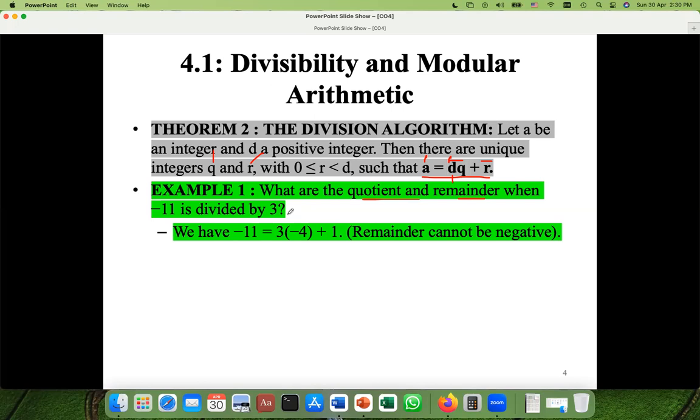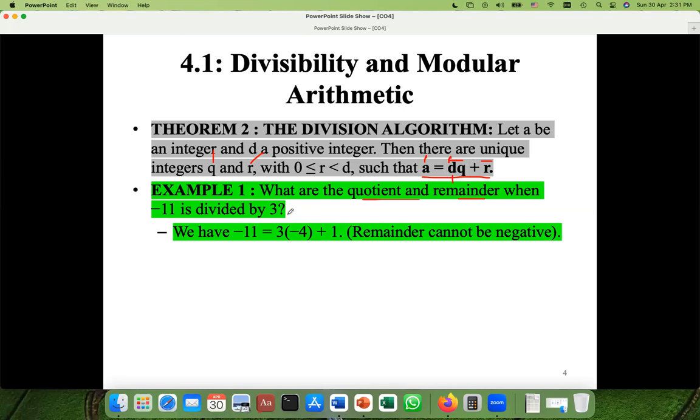So here the remainder is becoming negative, so I have to go with minus 4. And then it would become minus 12, and then I change it to plus due to division. And then you will get 1 as a remainder. So now according to that rule, it's okay.